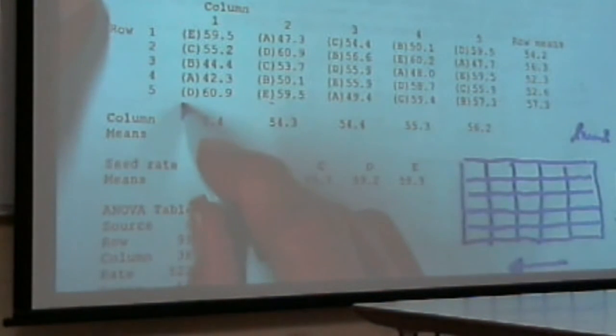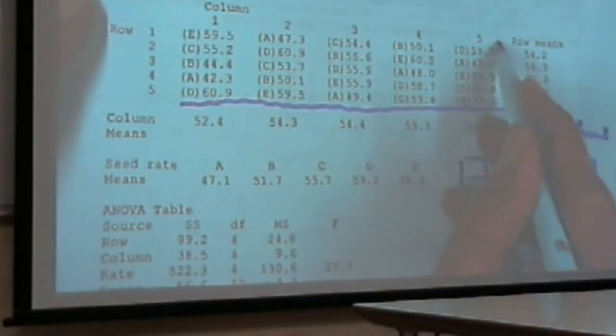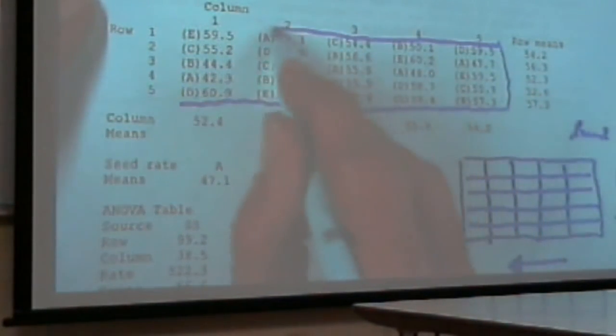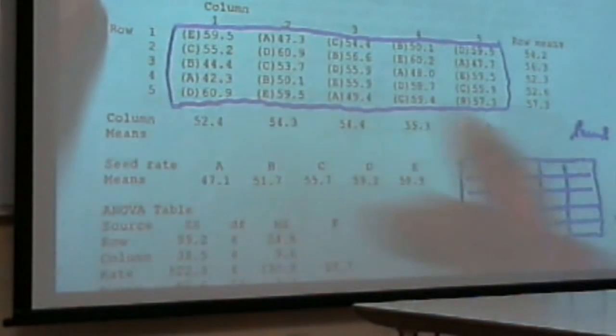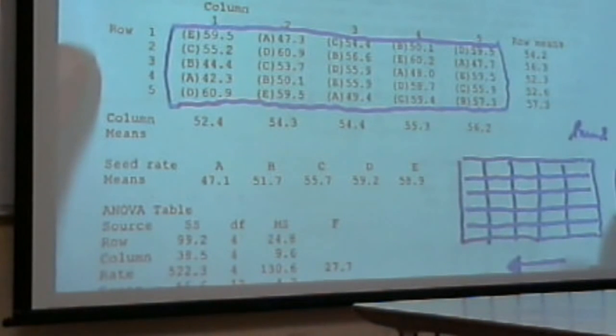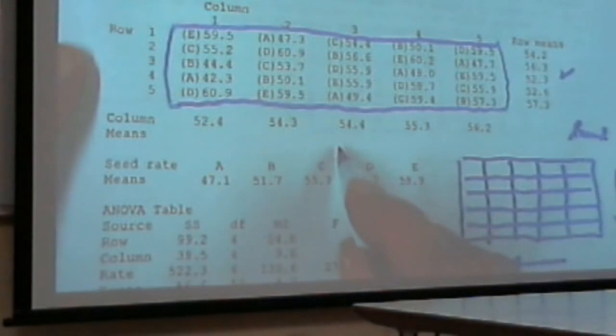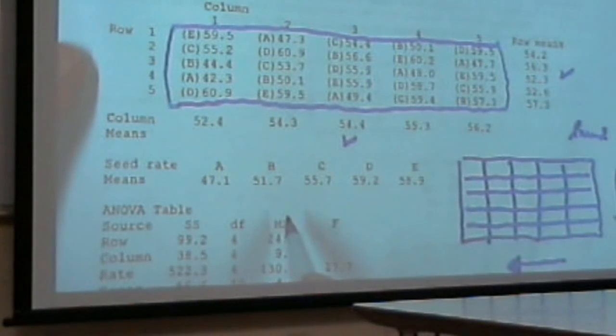So that's what you see in here if you just look at the letters. There's a 5 by 5 Latin square there. So we have on the side row means, we have down below column means, and then the treatment means are down here separate.